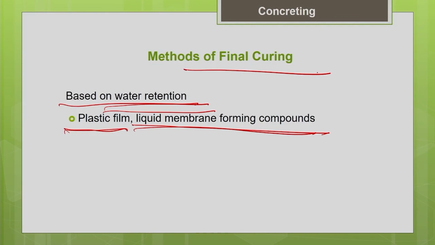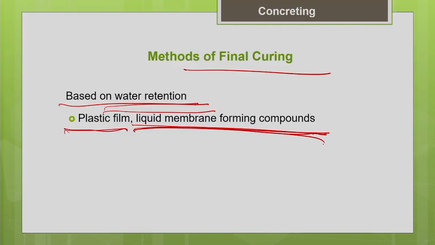So, this also we just spray on the surface of the concrete. It will remain on the surface of the concrete, and it will be effective for even 28 days, depending upon the chemical we are going to use, and it will facilitate the self curing of the concrete. That means it will prevent the loss of water from within the concrete to the outside environment. Another thing is this will not result in any staining, as we discussed for the evaporation reducers.